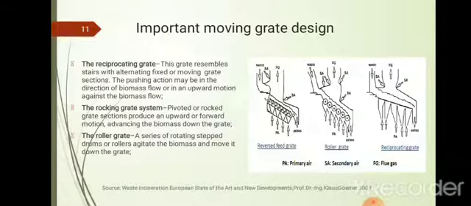And the roller grate is just like rollers. We are using several rollers to agitate the biomass and move it down. So with all of this, almost the movement is the same, but we are using different types of grate. One we are using roller type, the other one reciprocating, etc.